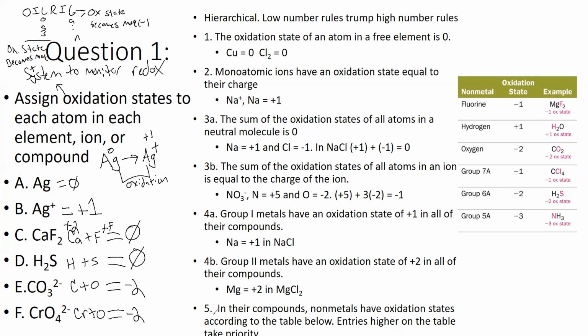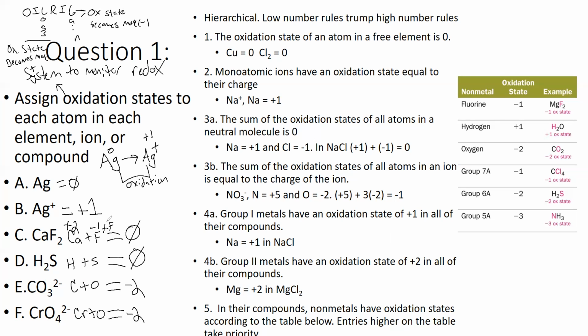So rule 5 is, in compounds, certain nonmetals have oxidation states according to this table. This table says, the higher you are in the table, the more important you are. Your rule triumphs. So this table says, if you're fluorine in an element, you have an oxidation state of -1.